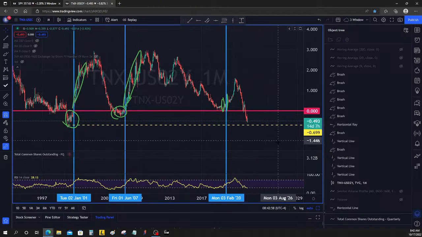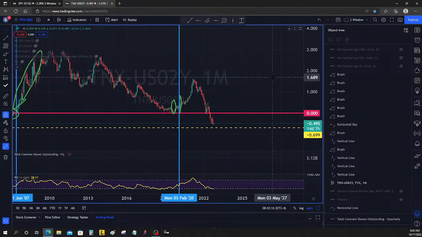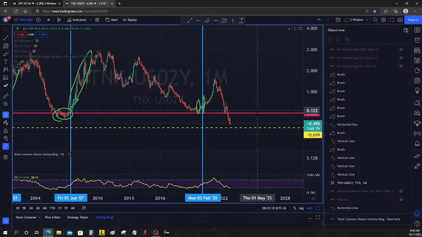There was a negative 0.699 on the 10-year, 2-year inversion. So as of right now, 0.699 is on the record as being the deepest 10-2 yield curve inversion. And so here we are dropping down into, pretty darn near that level, right?